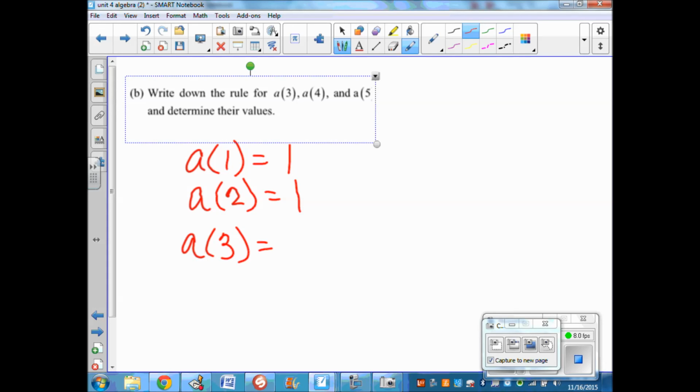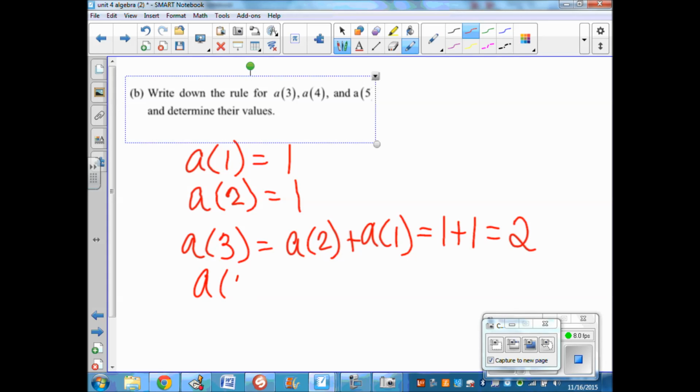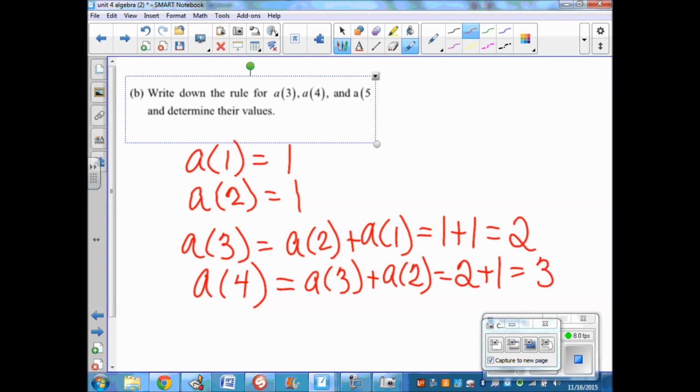Well, the third term says you have to take the 2 previous terms and add them together. So what's 1 plus 1? That's 2. So now how do I get to the fourth term in line? I have to take the 2 previous terms, which is a sub 3 plus a sub 2, and add them together. So a sub 3 we found was 2, and a sub 2 was 1. So my next term in line is 3.